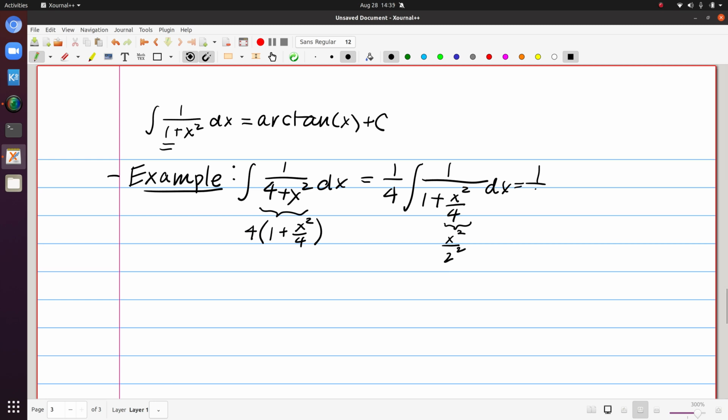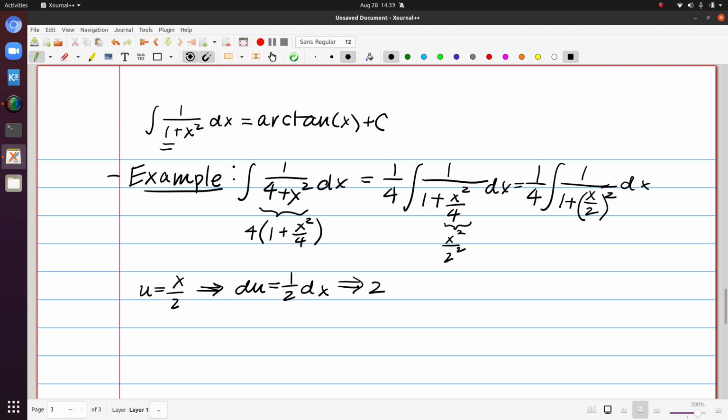So this is now 1/4 the integral of 1 over 1 plus the quantity x over 2 squared. So now let's let u equal x over 2, in which case du is 1/2 dx, and therefore 2 du can replace dx.